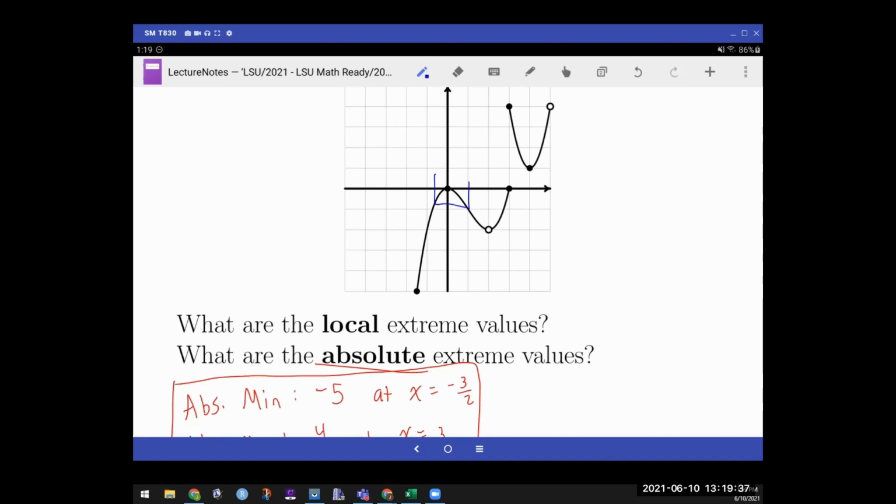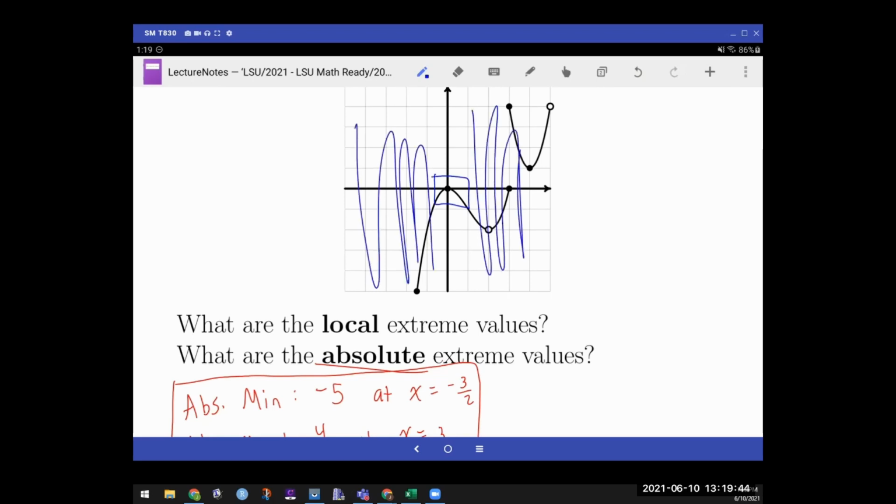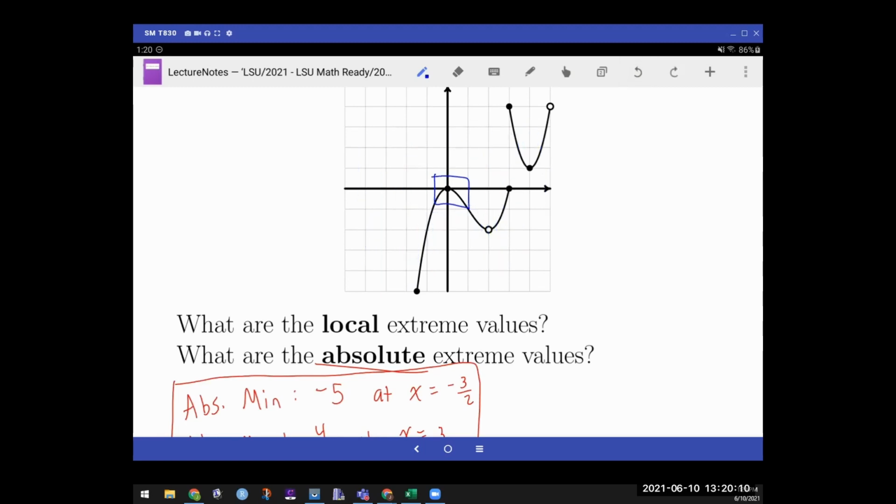What about this one right here? In that little area, if I ignored everything outside of that box, within that little box, that's my graph now. That is the highest point. So in that box, it is the local maximum. If you throw away the rest of the graph and focus just on this little rectangle, the highest point in that box is (0, 0).